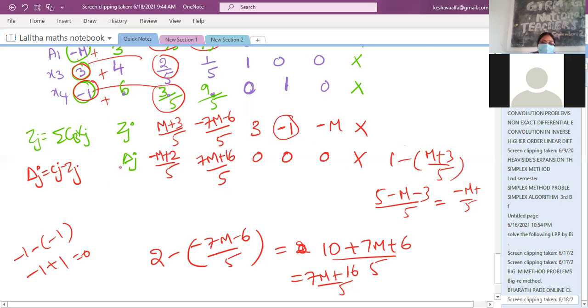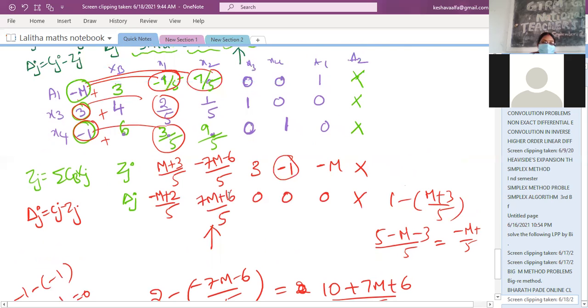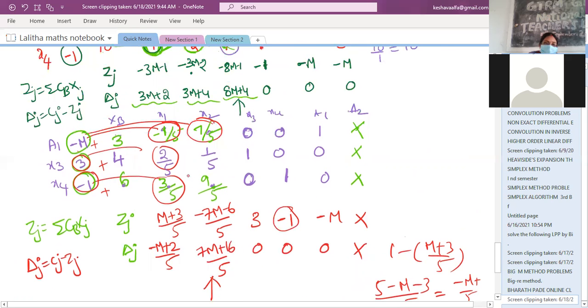Okay, second step. Now select the most positive value of delta j, that is 7M plus 16 by 5. So the incoming vector is x2. Calculate the outgoing vector, that is the minimum ratio of xb by the incoming vector x2. xb value 3 divided by 7 by 5 is 15 by 7.